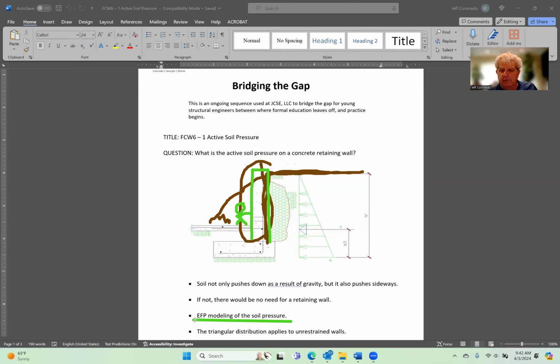So we call it equivalent fluid pressure. The equivalent fluid pressure gives us this triangular load, which is larger at the bottom and tapers off to zero at the top of the soil.